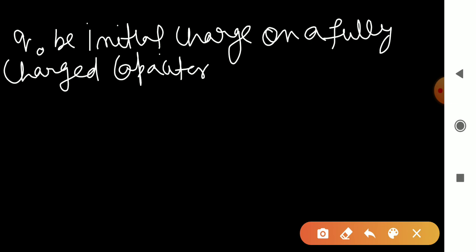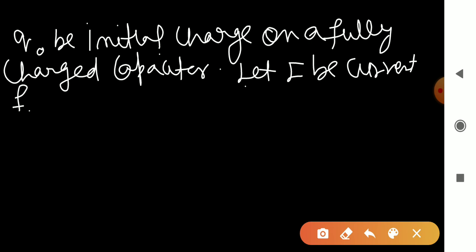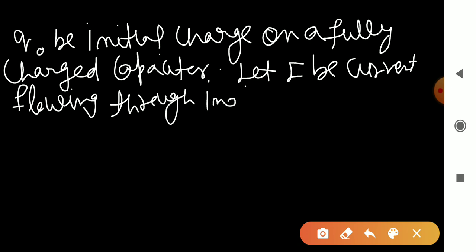Right? And Q be the charge left on it at any time t. And let I be the current flowing through the inductor.